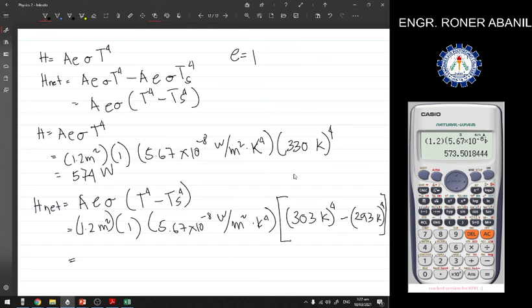So, let's use the calculator. 1.2, then 5.67 times 10 raised to negative 8.